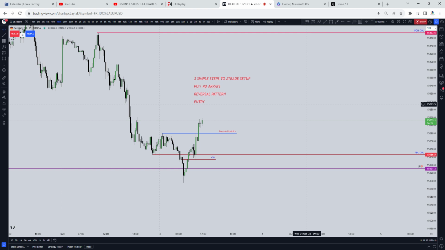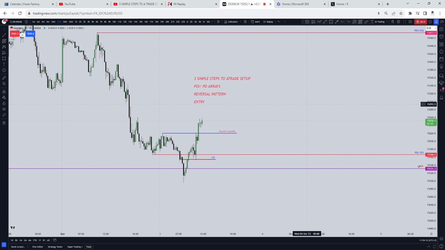I have roughly about 6 levels of market structure that I understand, that I use, and you don't need to know all of that, but you need to have a PDRA, and market structure is extremely important. Why is it important? Because without market structure, you will never know which liquidity is going to be taken first.